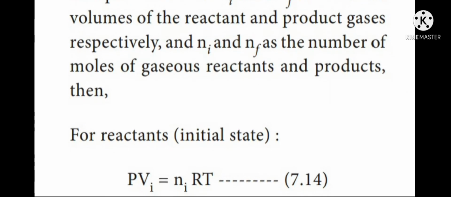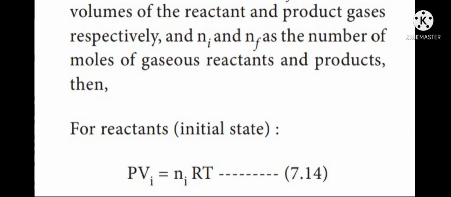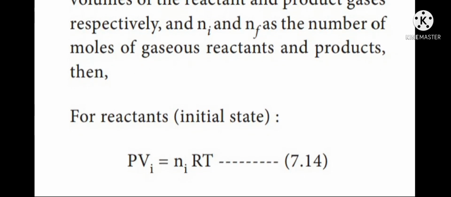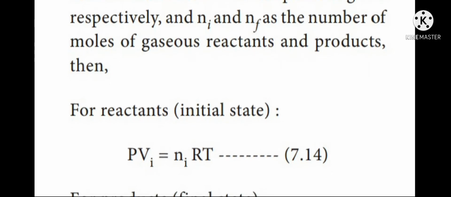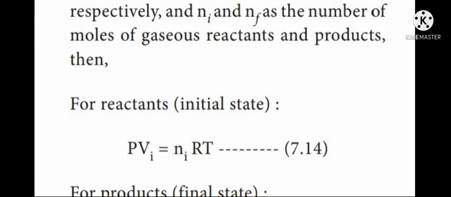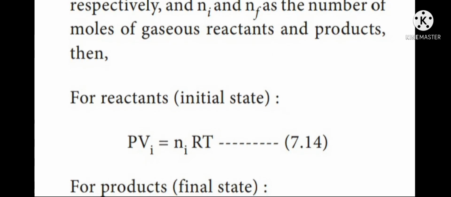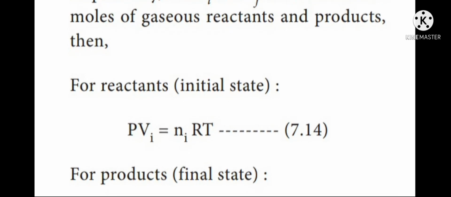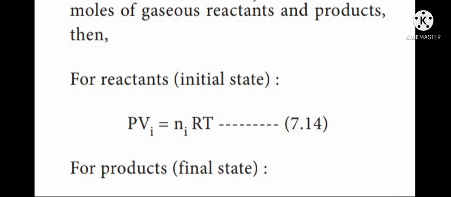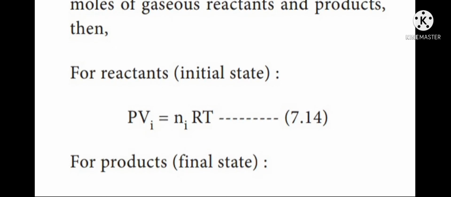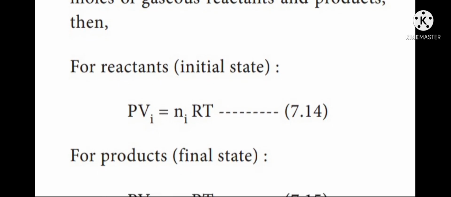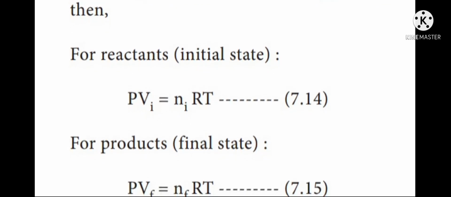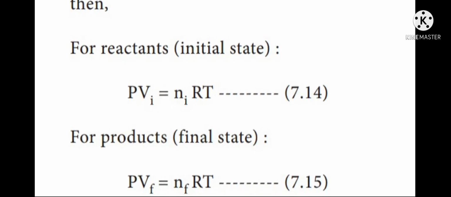Consider a closed system which contains gases which chemically react to form gaseous products. It takes place at constant temperature and pressure, hence there should be change in volume and number of moles. Here Vi is the volume of gaseous reactant, where Vf is the volume of gaseous product. Ni is the number of moles of gaseous reactant, where Nf is the number of moles of gaseous product.